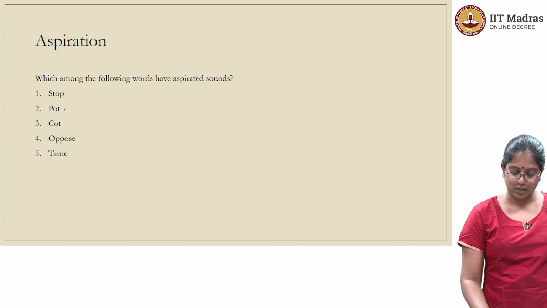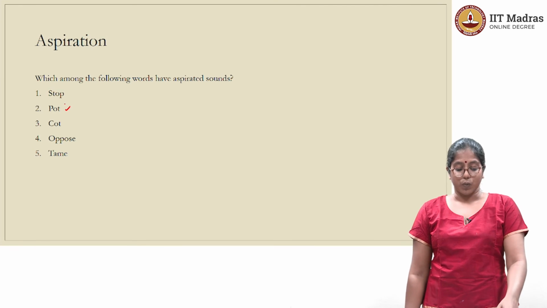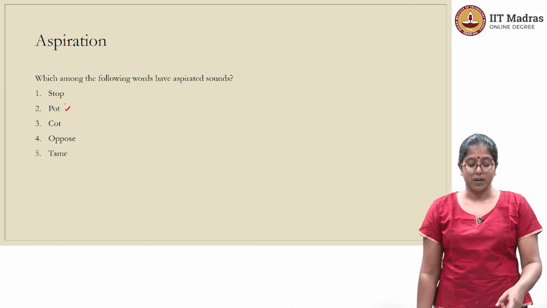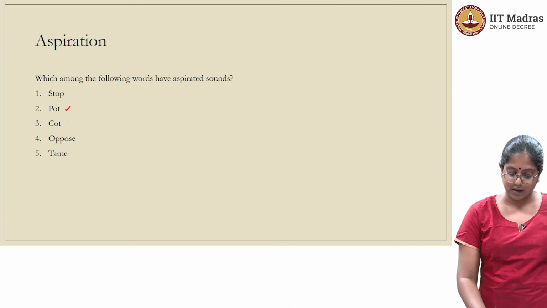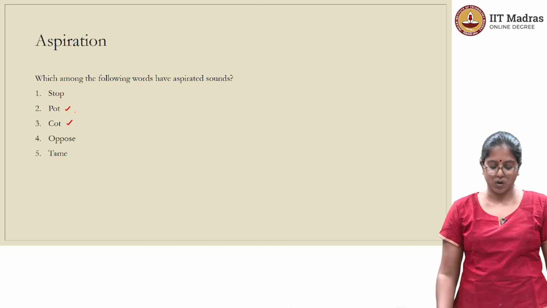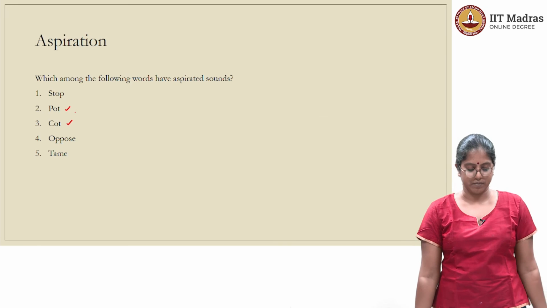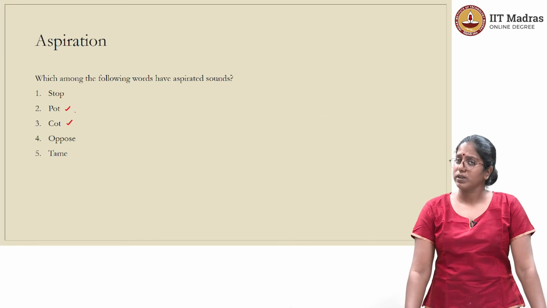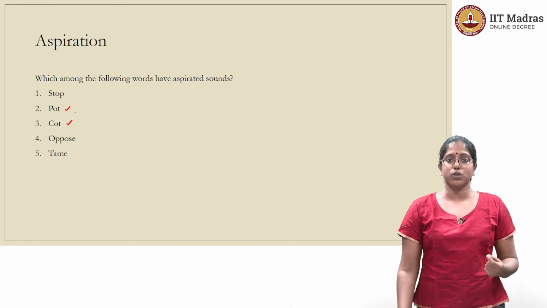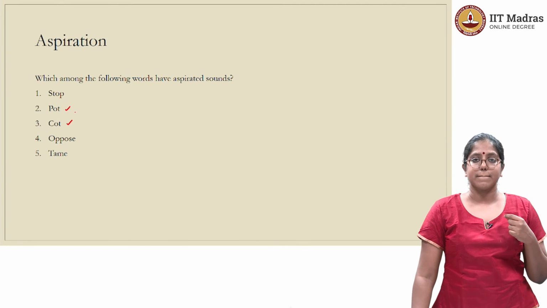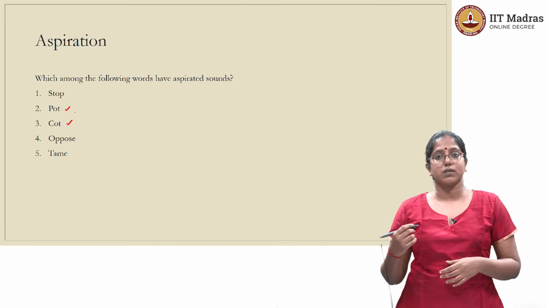Therefore, this is an aspirated word. Why? Because the voiceless stop is at the beginning of the word. Get it? Next, ka is a voiceless stop at the beginning of the word. Therefore, caught is aspirated. By the by, what is aspiration? Aspiration is that extra puff of air that you produce when you pronounce certain sounds.